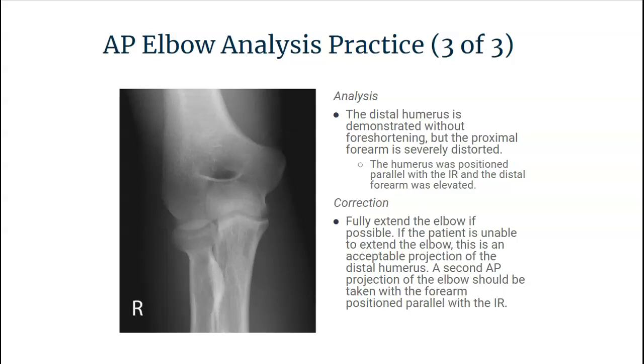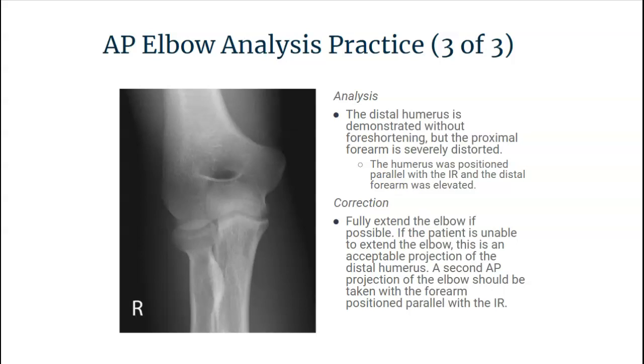However, that proximal forearm is elevated. It's as if the humerus is parallel, but the proximal forearm, the patient doesn't have it in contact with the IR. So in order to correct this imaging error, we need to fully extend the elbow. If the patient is unable to extend the elbow, this could be an acceptable projection.